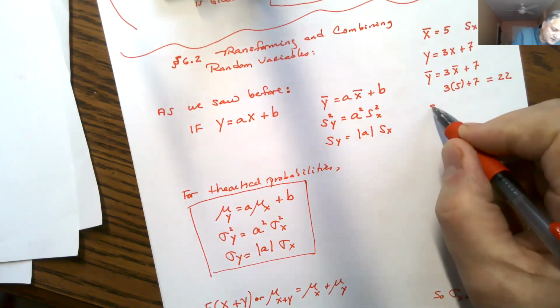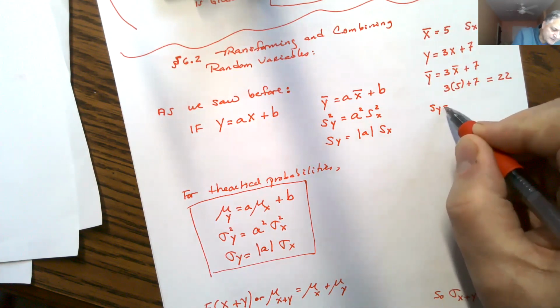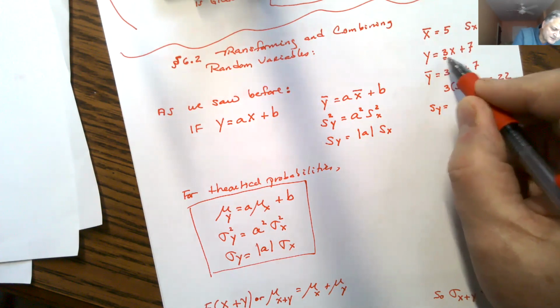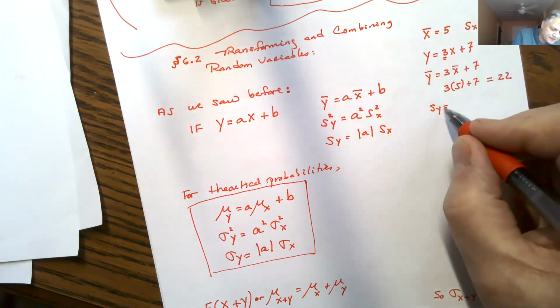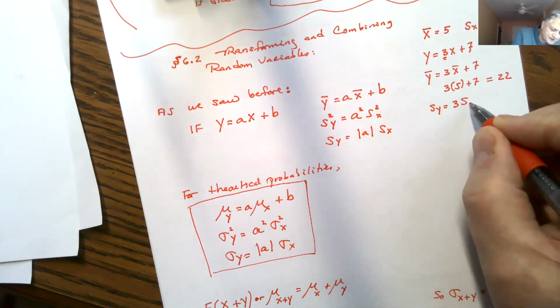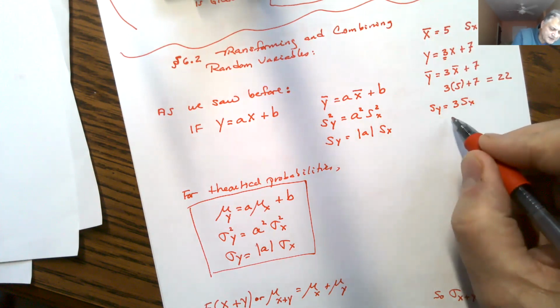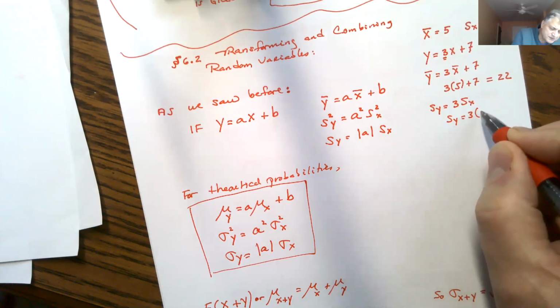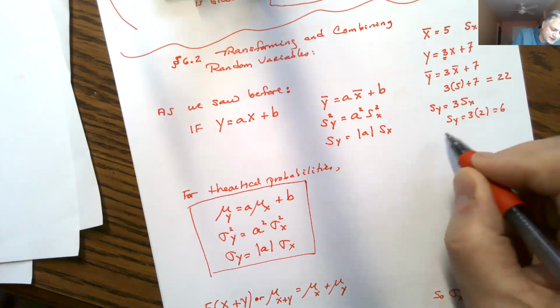We had that sigma y, notice the 7 didn't affect it at all, but the 3 does. So S of y is 3 times S of x, so S of y would be 3 times 2, which is 6.